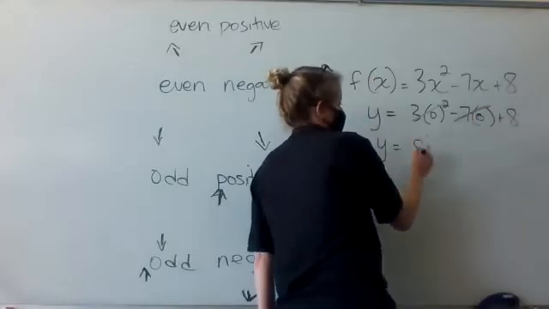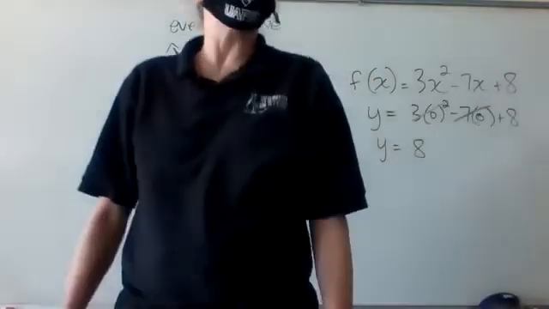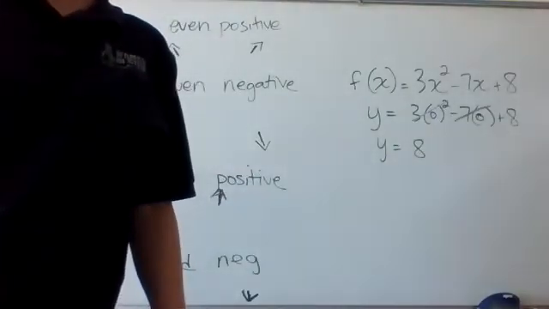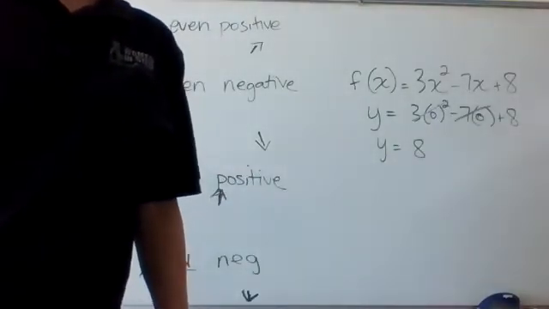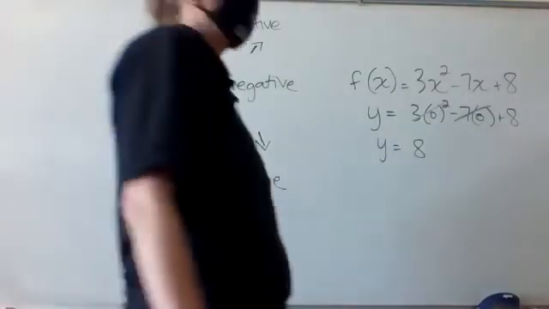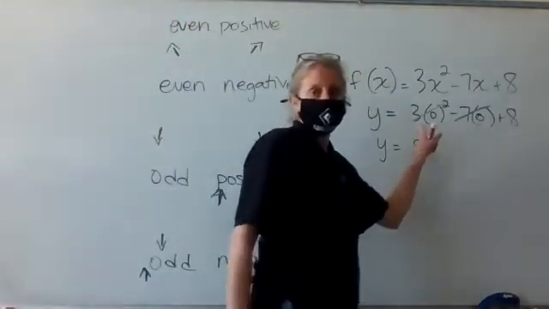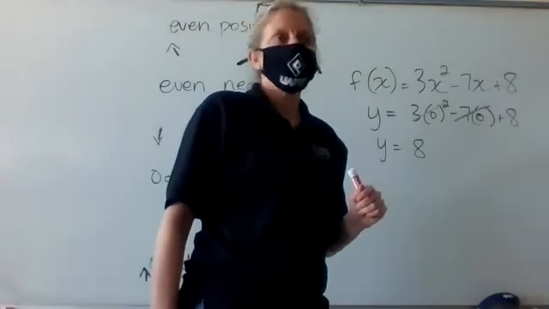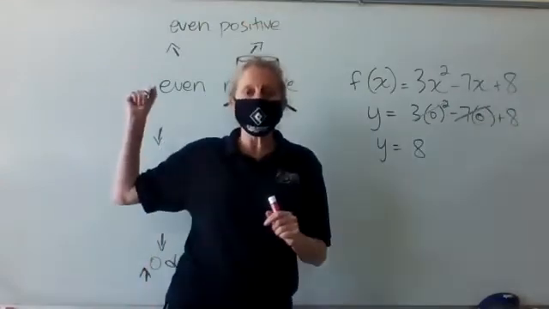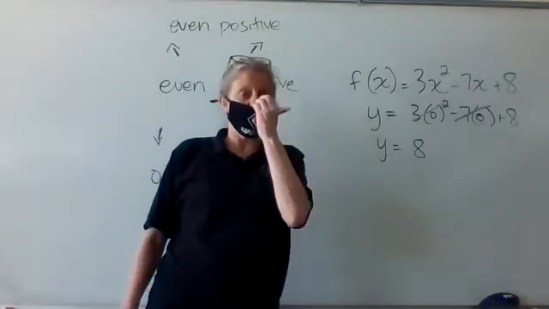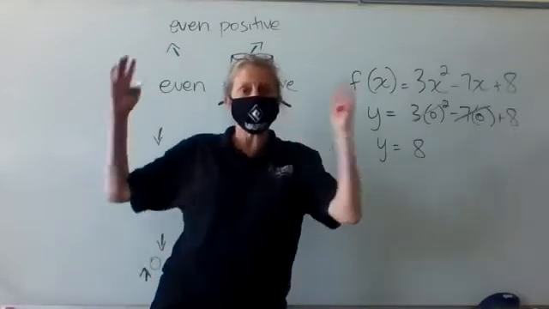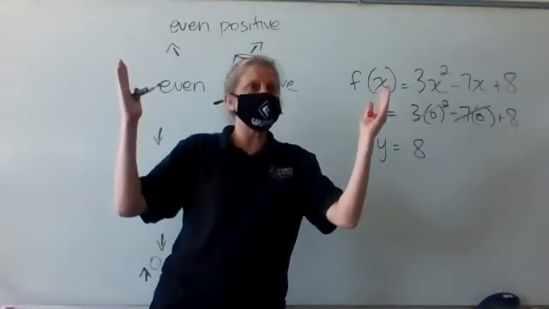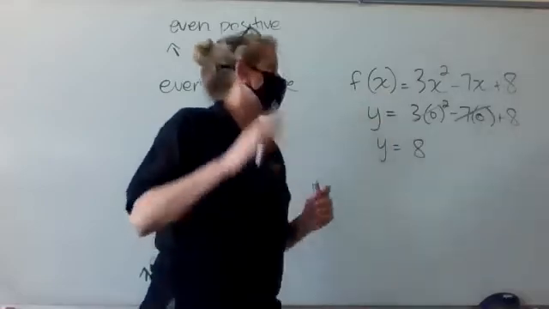So all you're going to be left with is Y equals 8. That's going to be the Y-intercept, right? Because how do you find the Y-intercept? You replace the X's with zeros. So if your polynomial function is written out like that, and your end behavior doesn't get you the answer, if there's two graphs that have even positive end behavior, then you can go to the Y-intercept.